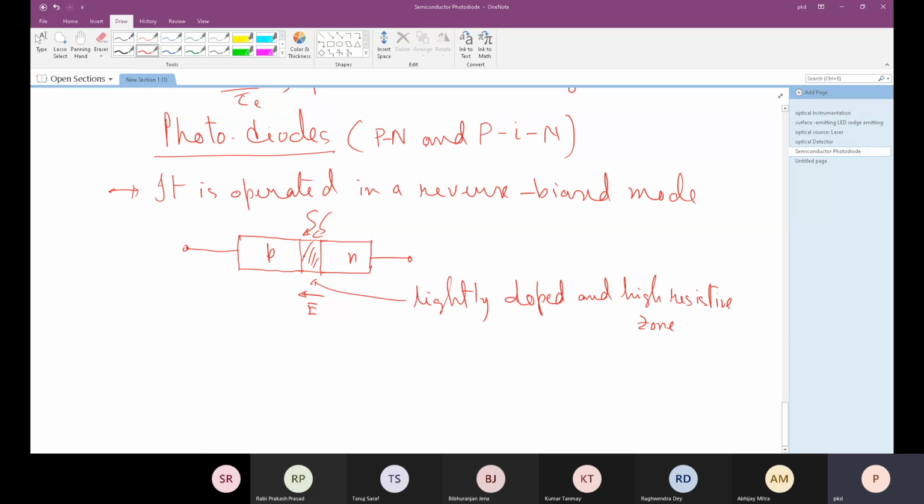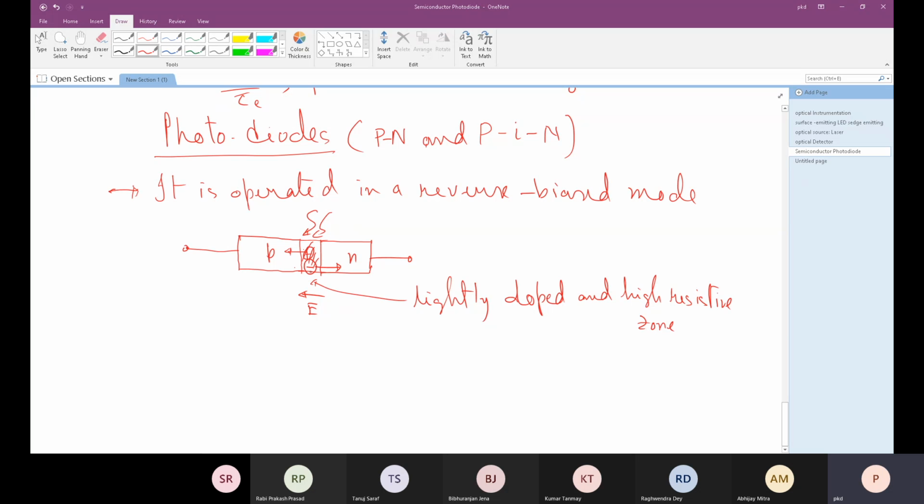Now if the photon is incident here and liberates a carrier, because of the reverse bias, the negative carriers will be collected through the n-type zone and the positive ones will be collected through the p-type zone.